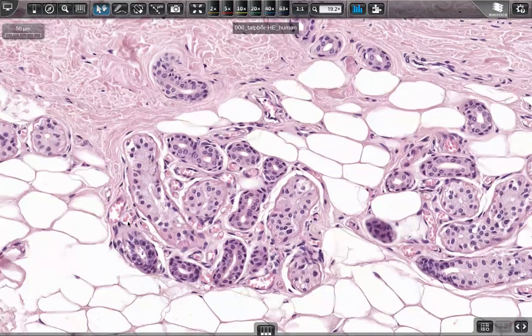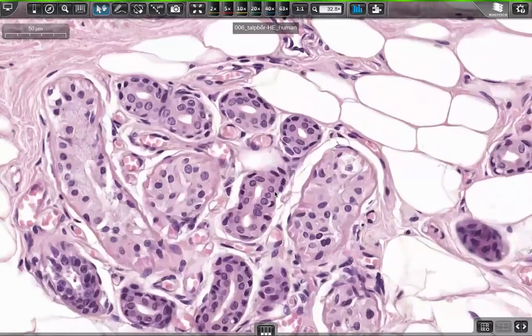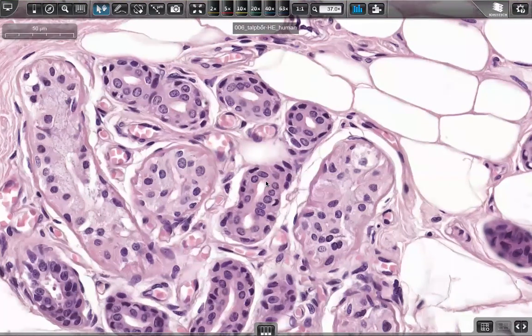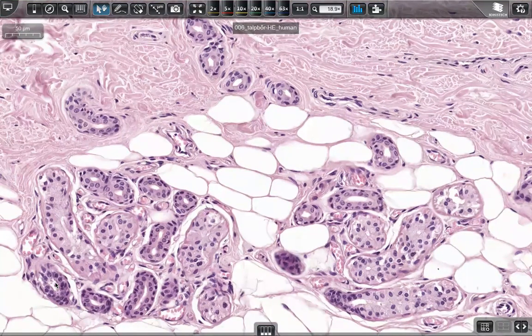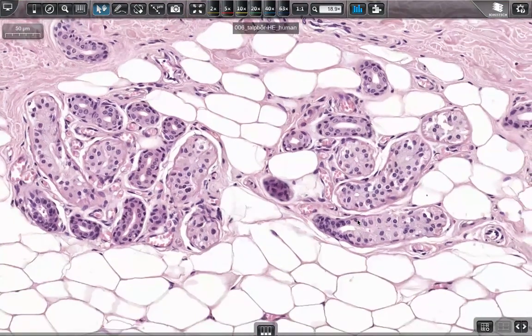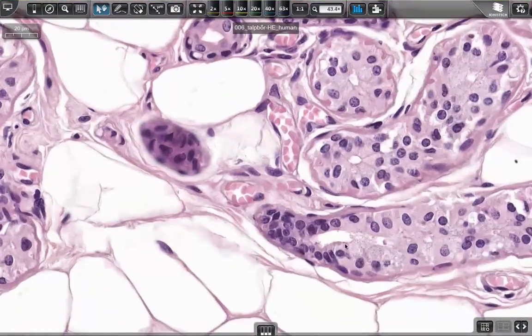That's the duct, that's the secretory portion. So the secretory is the pale one, and the two layers of darkly stained cells, that's the duct, the excretory portion. Here is the transition between the secretory and excretory portion. That's the lumen of it.